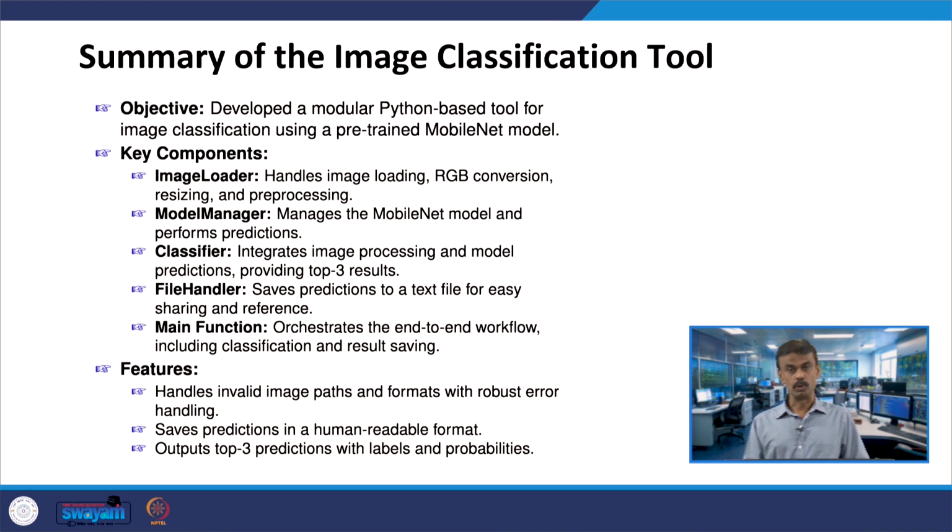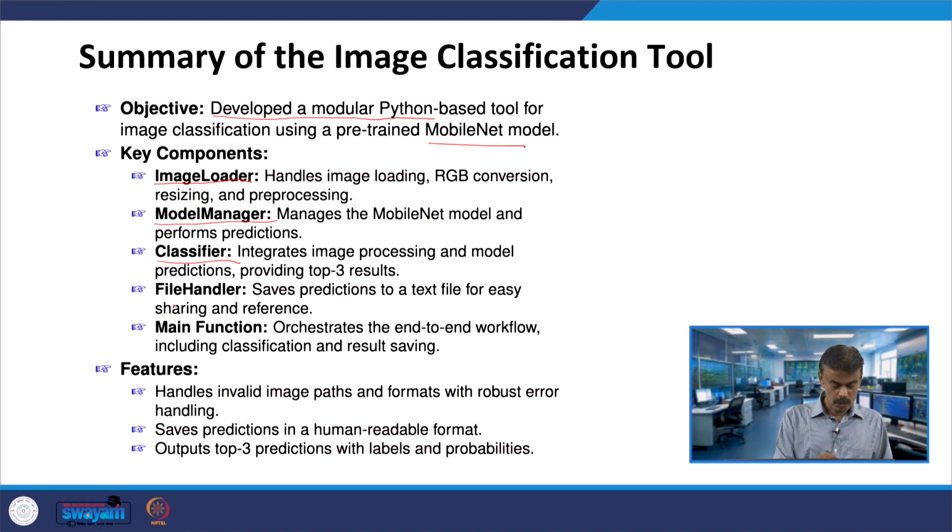So, in this case study, the image classification tool, the main idea is we have developed a modular Python based tool for image classification, and we used the pre-trained MobileNet model. We talked about the MobileNet model, 224 by 224, and the key components: the image loader, model manager, and the classification, like the top 3 classifications out of the 1000 probability distribution.